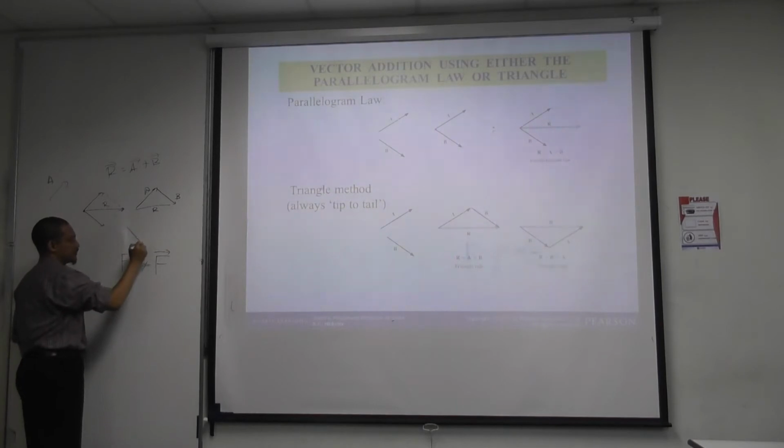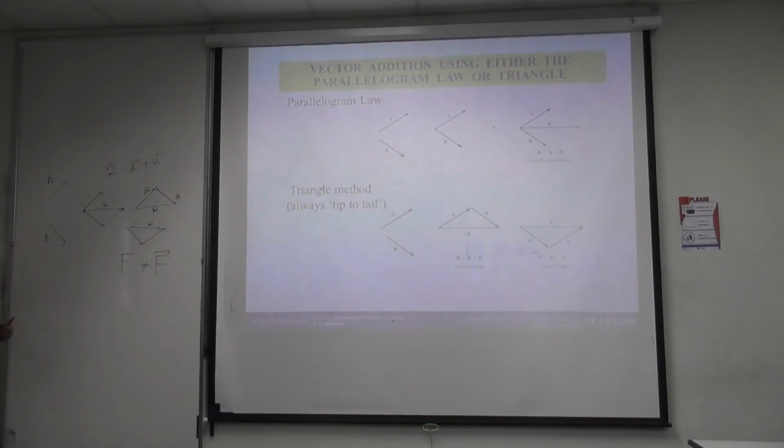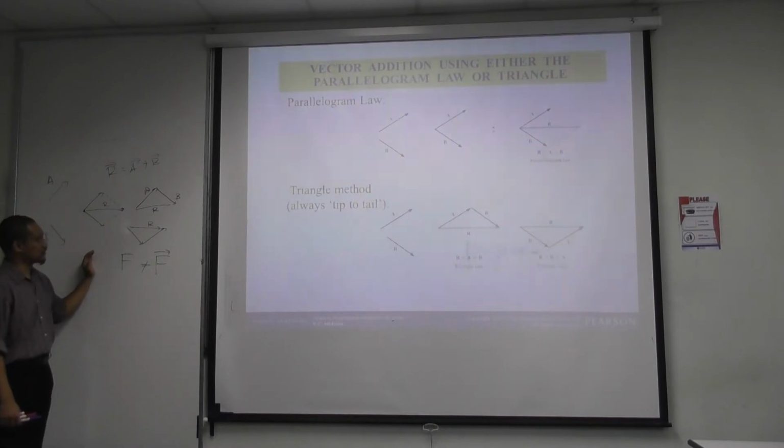Or you start with B, and then here A, you get R. All of this should give you the same answer, right? But normally in statics we never do this, because this is only applicable for two vectors. If you have A, B, and C, you have to do it step by step. You have to solve A and B to become R, and then R and C become the full R. So if you have 4 or 5, then it's too much, right? But we do this just to understand the concept.